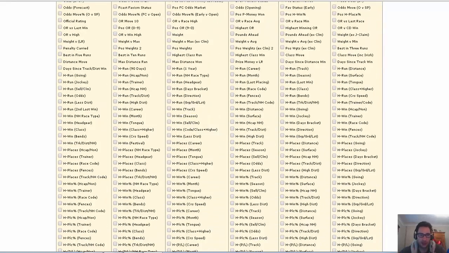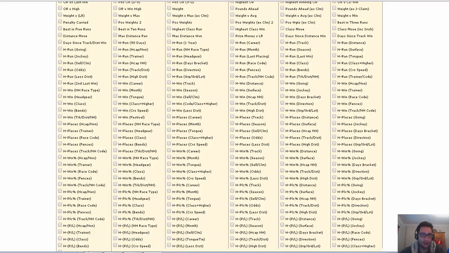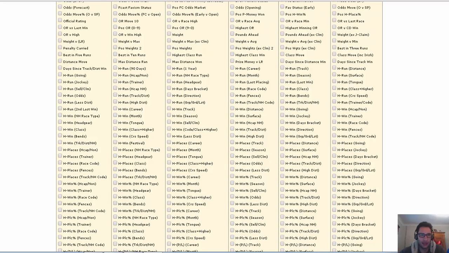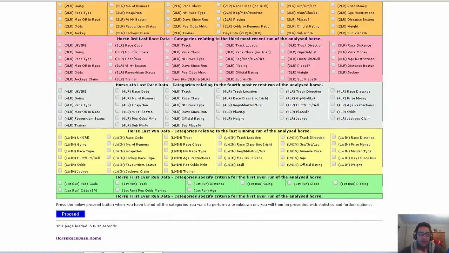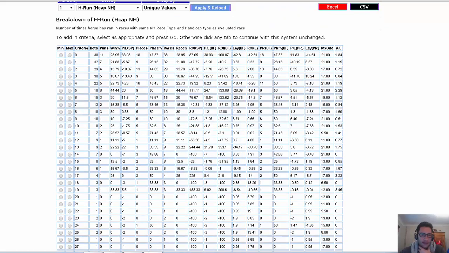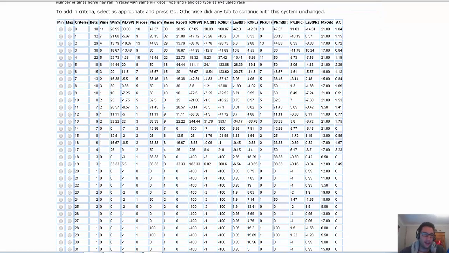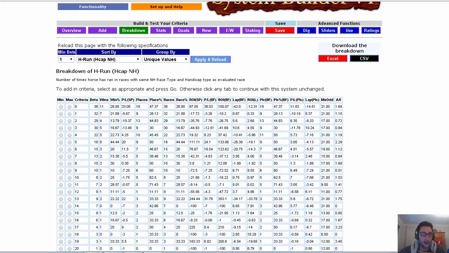So we've got the starting set of looking at handicaps. Now I want to look at how many times a horse has run in a handicap of the national hunt race type. So how many times has a horse run in handicap hurdles? This will allow us to see if that's a valid angle and weigh in. And unsurprisingly, yes it is. So those handicap hurdling debutants, they're running in a handicap hurdle for the first time. They may have run in a handicap on the flat, they may have run in a handicap chase, that's irrelevant.